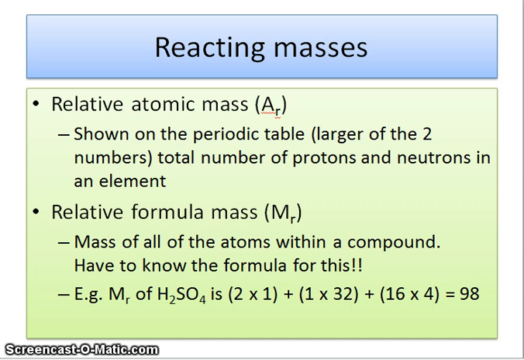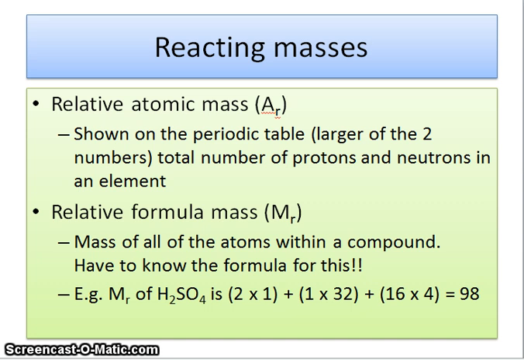This sounds really complicated, the relative formula mass, but it's actually really straightforward. The first thing you need to do is look at the chemical you're working the mass out for. For instance, at the bottom there you've got H2SO4.